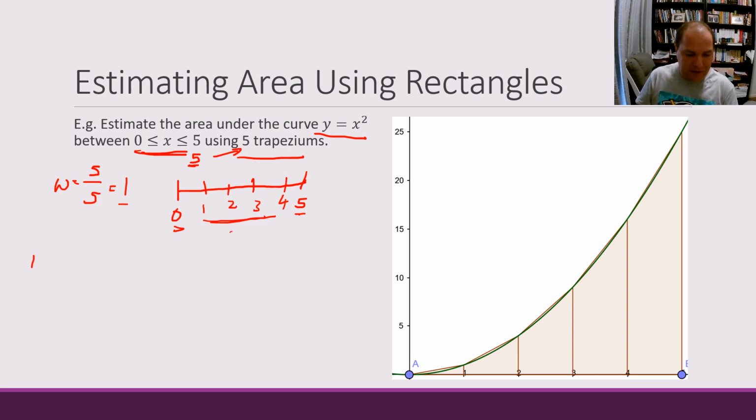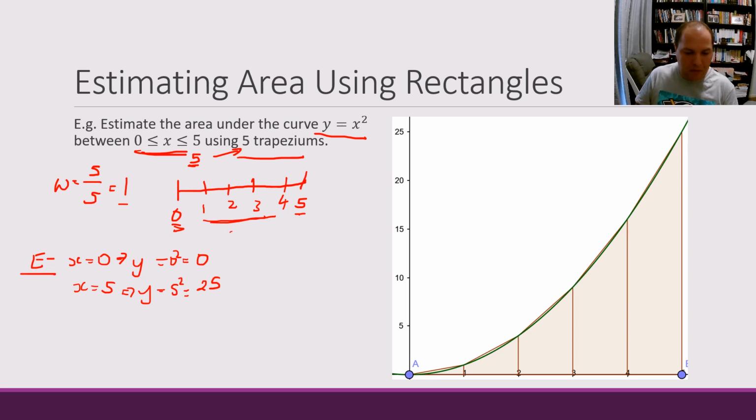So my end values are going to be x equals 0. And so when I substitute x equals 0 into our equation, y equals 0 squared, which is 0. And my other end value is 5. So that makes y equals 5 squared, which is 25.